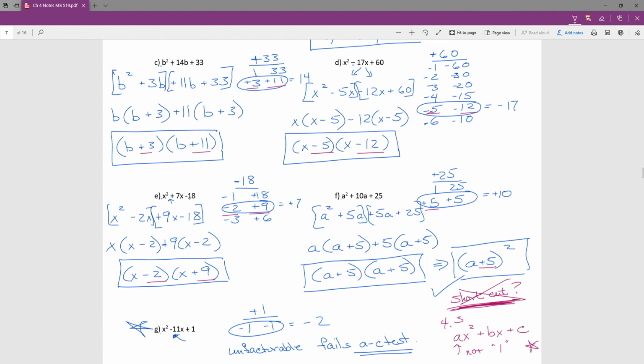So the way I teach this is what I call the long cut because it works every time. So the long cut always works, which is why I teach you the long cut. So the next section is more of the same, which should reinforce our strategies as we continue to move through our factoring unit.